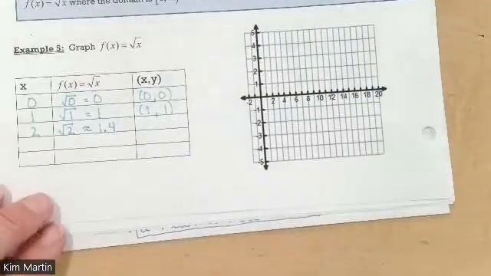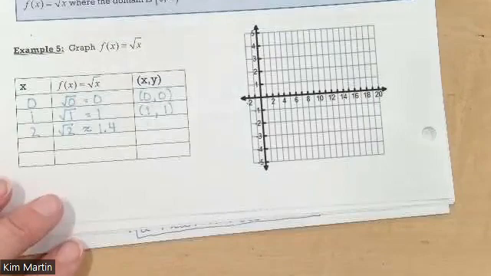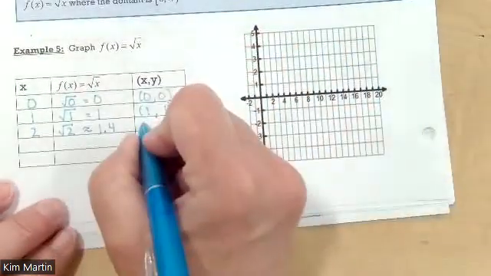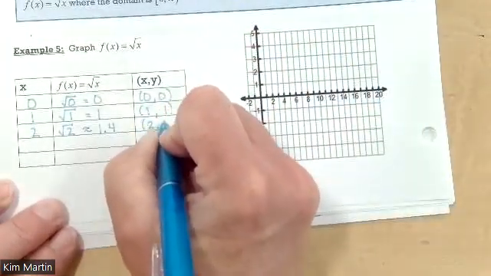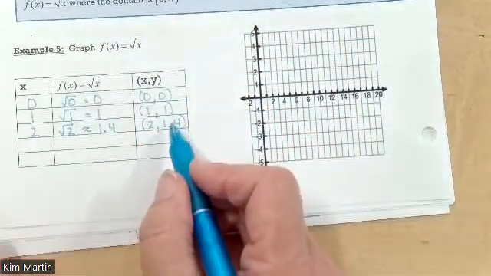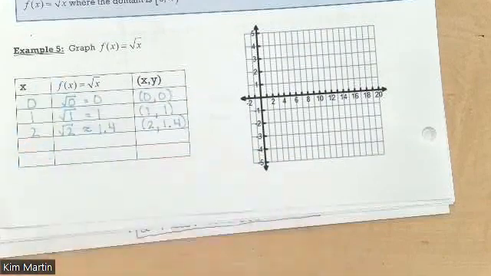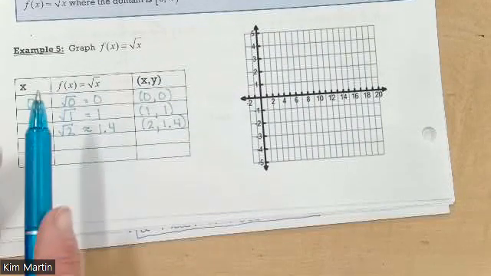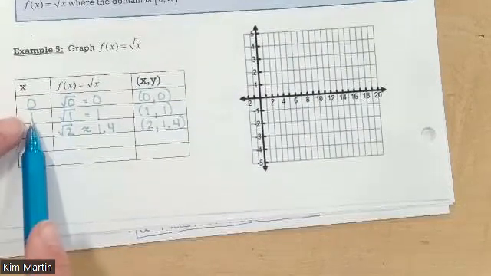It was okay. I wanted somebody to give me one that was going to give me an answer that way. It's not that we can't graph it, but aren't we guessing at 1.4? What kind of numbers do you think we want to pick? Anybody? Perfect squares, right?